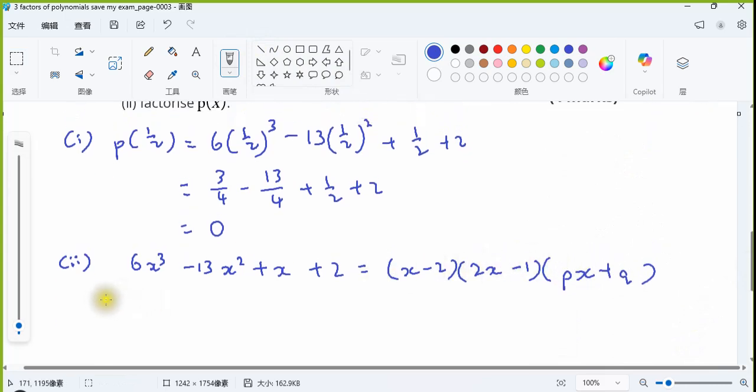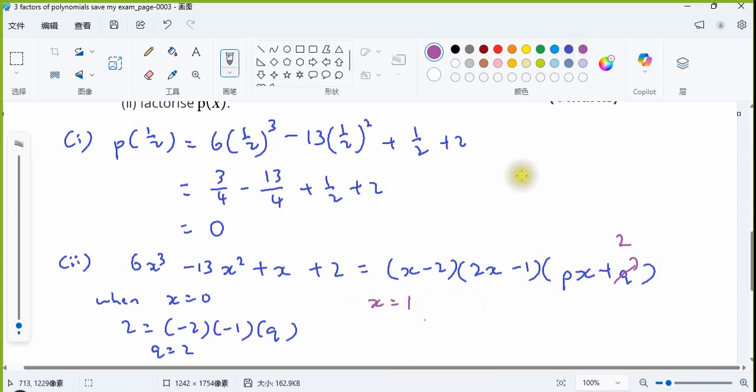So when x equal to 0, then 2 equal to negative 2 times negative 1 times q. Okay, so we have q equal to 2. Then now we try with 1.